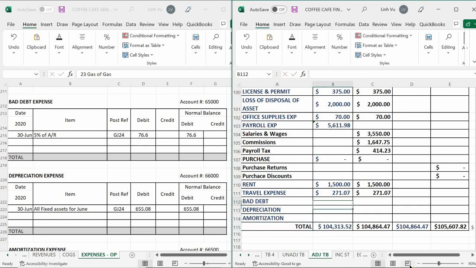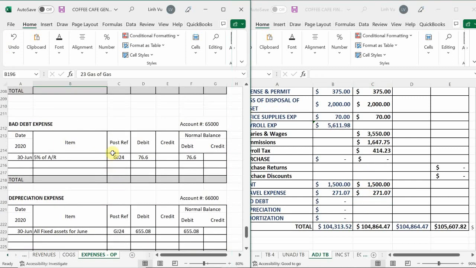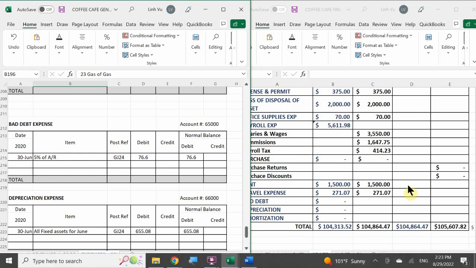Okay. So in this case, bad debt was for a grand total of $76.60.